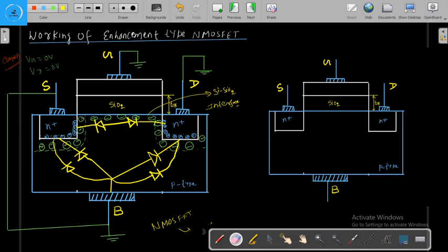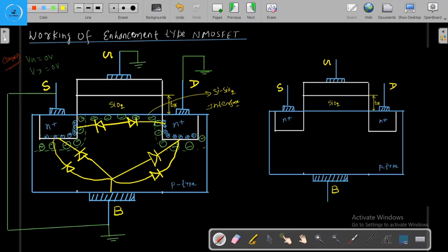So in the NMOS, we keep the body terminal, or the bulk or the substrate terminal, at the lowest potential. Among all these four terminals, we keep the body terminal at the lowest potential.